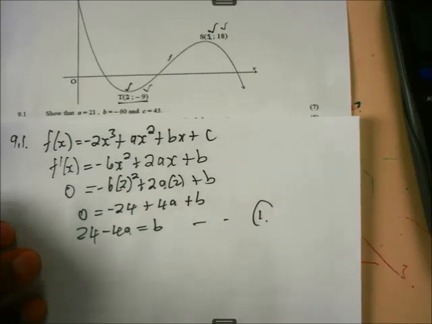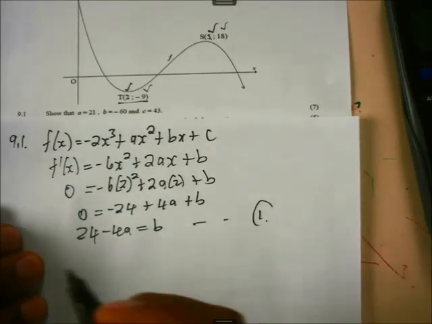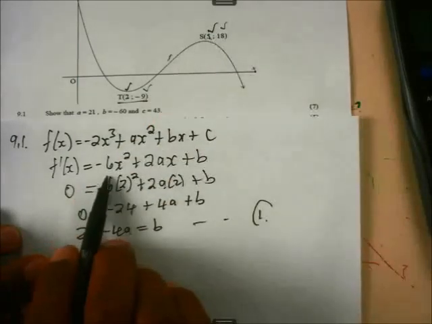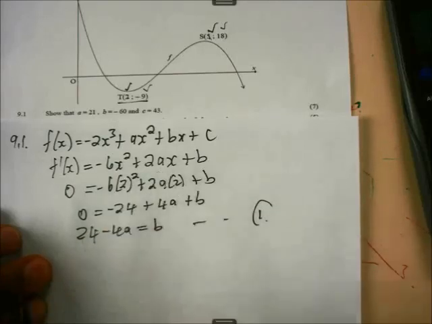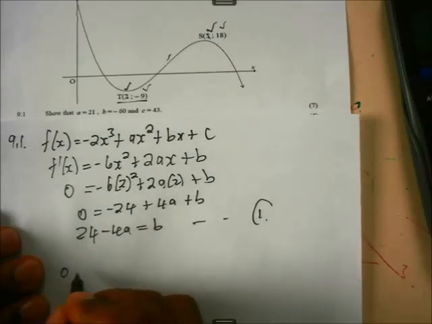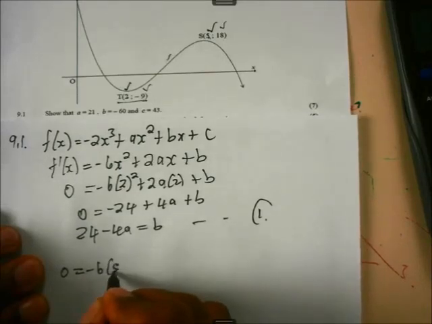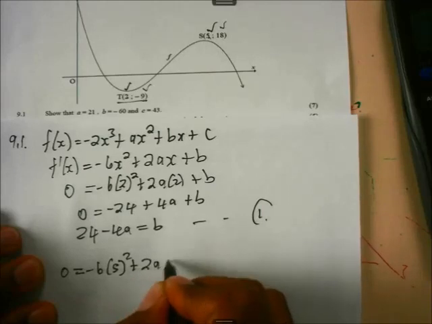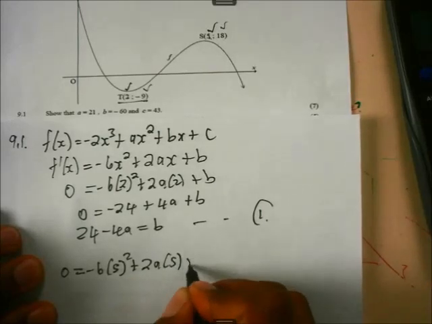Right, boys and girls, from here we do the same again. We know that if we take 5 and substitute it in the derivative, we will get y as 0. Therefore, we have 0 is equal to minus 6 times 5 all squared plus 2a multiplied by 5, then plus b.